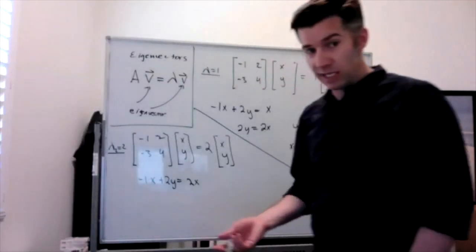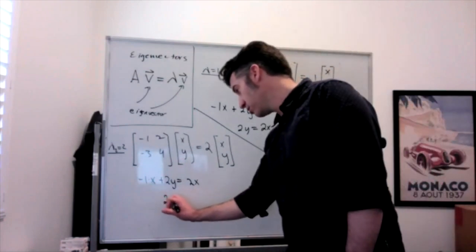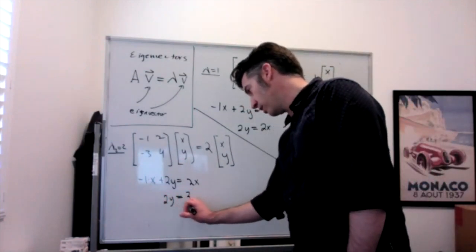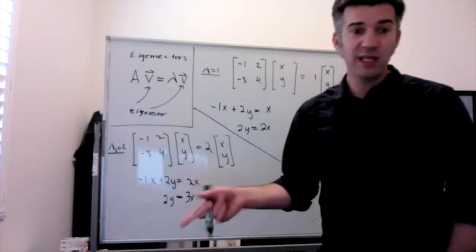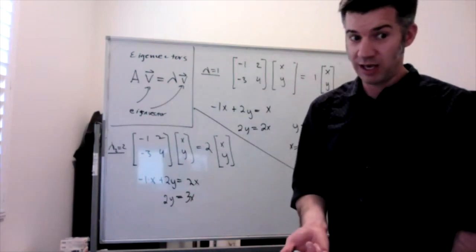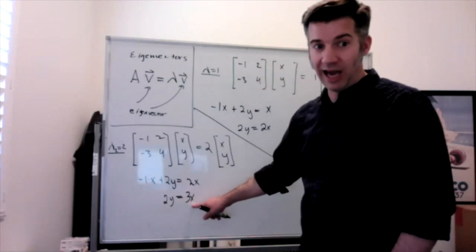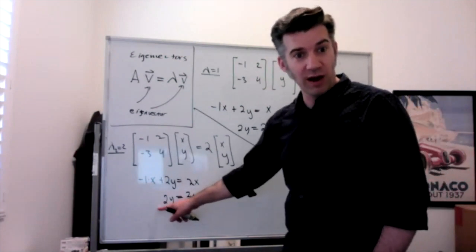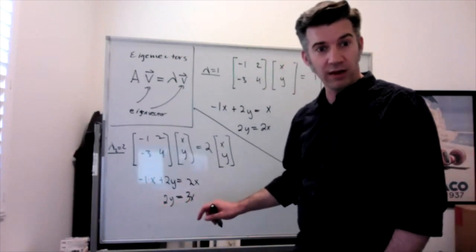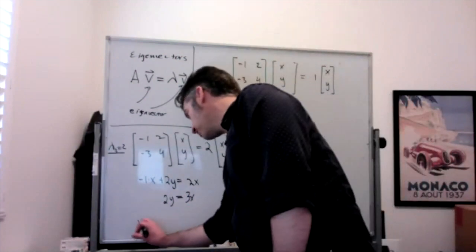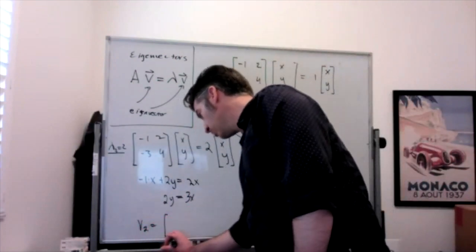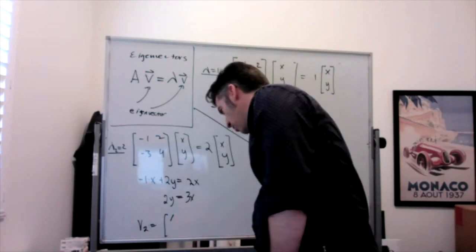Here's how I'm seeing it. Again, I'm isolating y: 2y equals 3x. Now, at this point, I personally like to just pick numbers. If I've got something times y equals something times x, I let x equal the coefficient of y and y equal the coefficient of x. So then my eigenvector is x equals 2 and y equals 3.